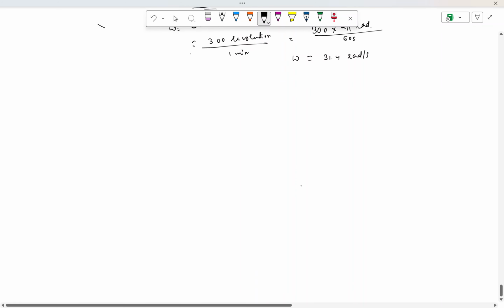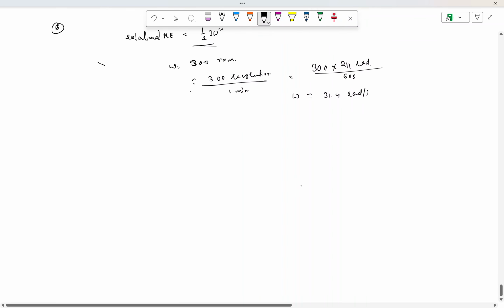So now the moment of inertia will be coming from the rod, or each of the helicopter wings basically. Because there are 4 rods, there will be I rod into 4.